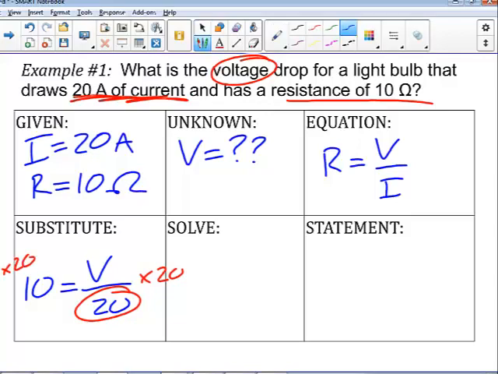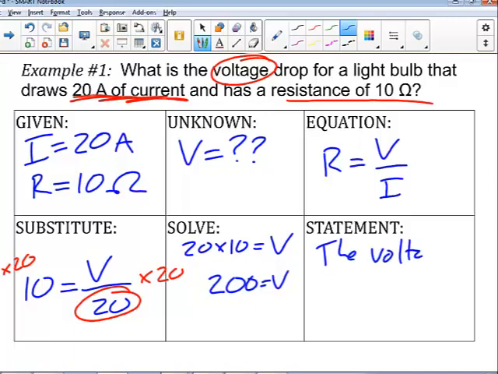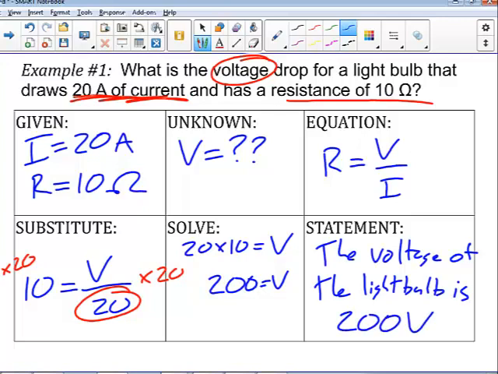So our next line will be 20 times 10 is equal to V. 20 times 10 is 200. So therefore, the voltage of the light bulb is 200 volts.